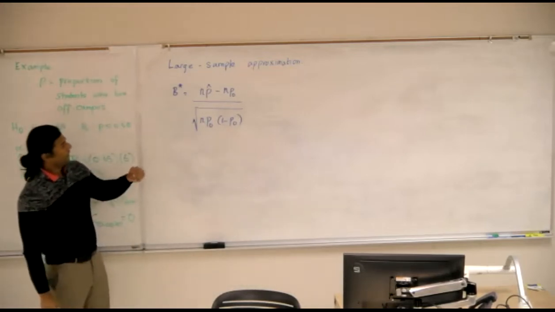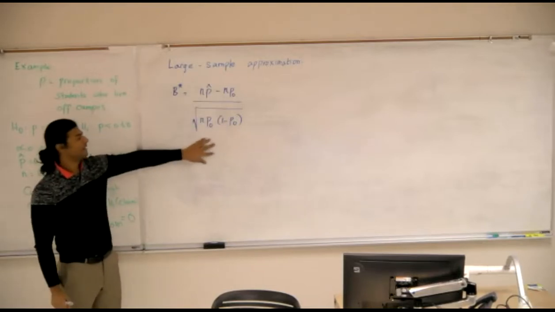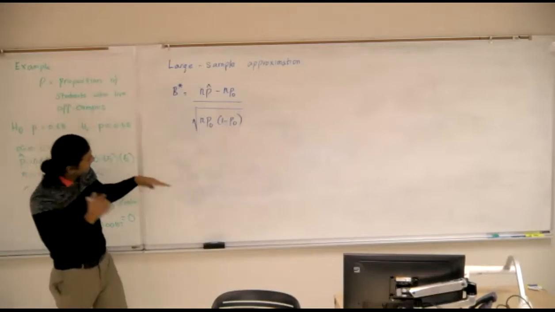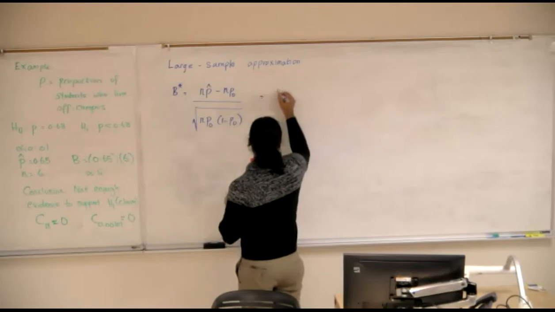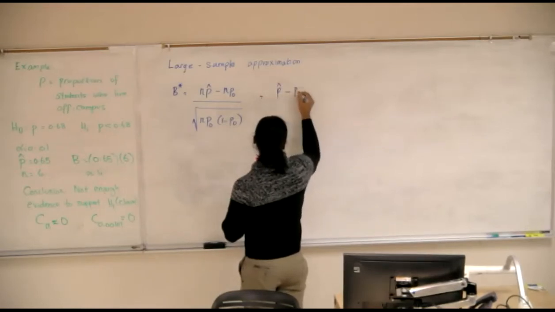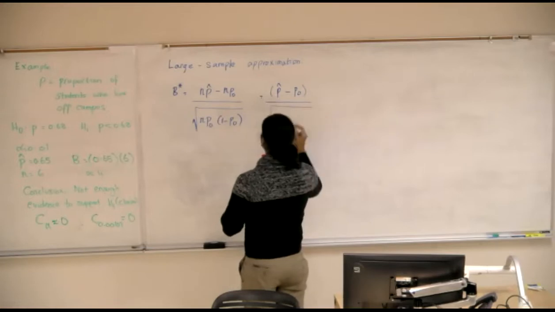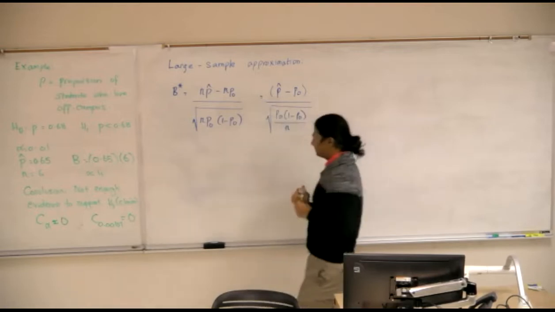Yes, the mean divided by the variance. If you divide by n, this formula will reduce to p hat minus p naught divided by square root of p naught times 1 minus p naught divided by n.